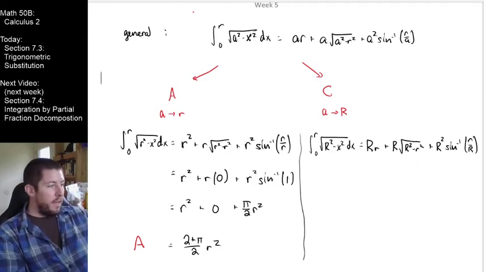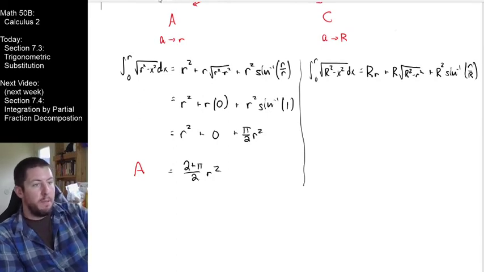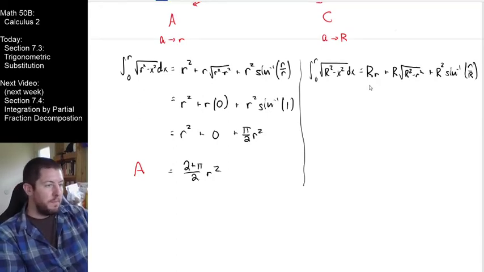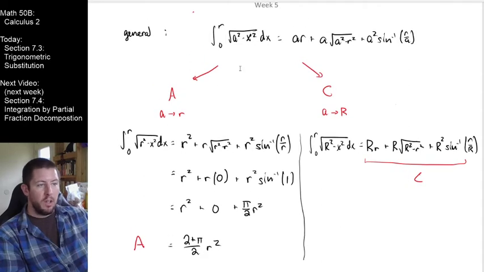But in any event, we can now combine all of the results that we're seeing right here into one overall final expression. So this should be my answer for C. I've substituted capital R into all of the a slots because we had our general integral done in terms of a, but really a was representing little r for what we called the a integral, and it was representing capital R for what we called the c integral.